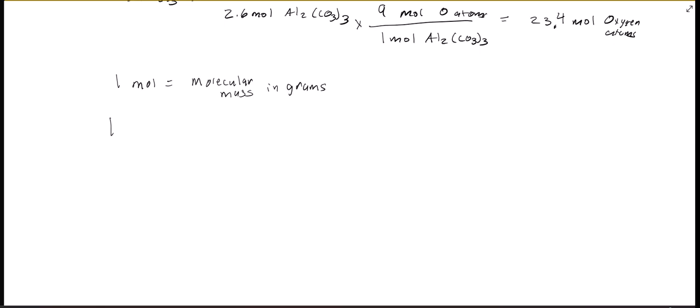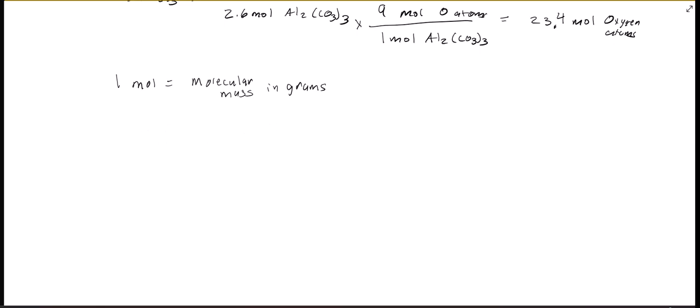And then we also have that 1 mole of the compound equals the number... I'm not quite sure how to write this conversion factor, it's the one that we were just doing.